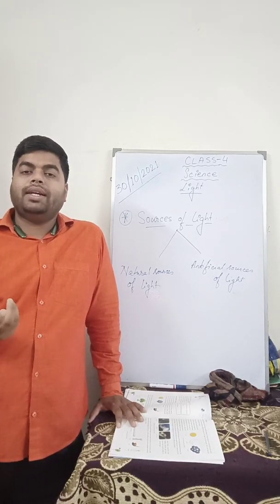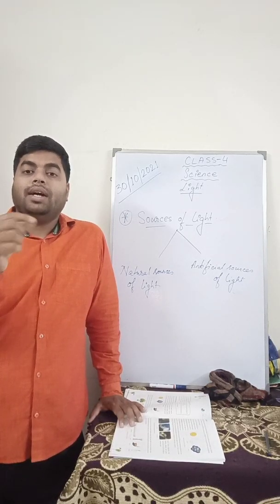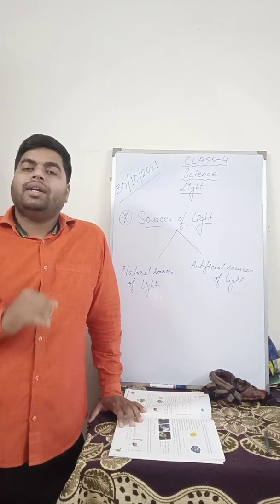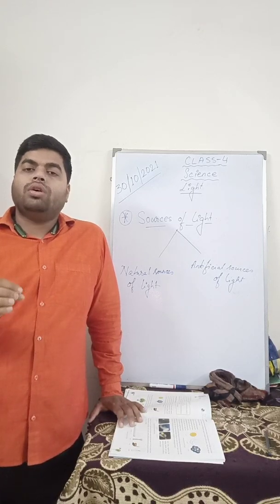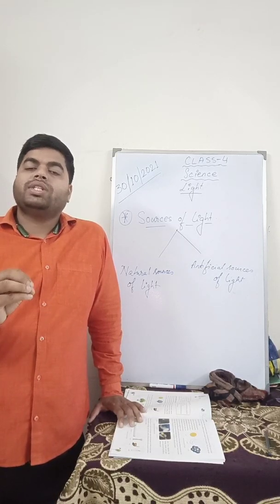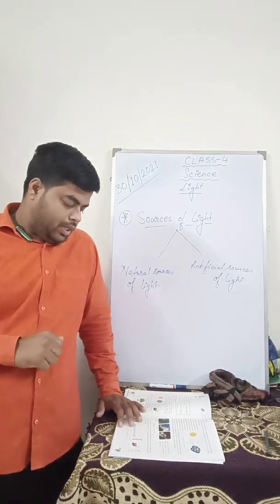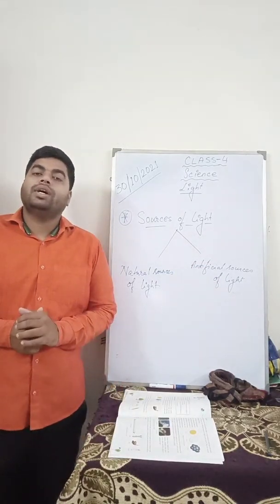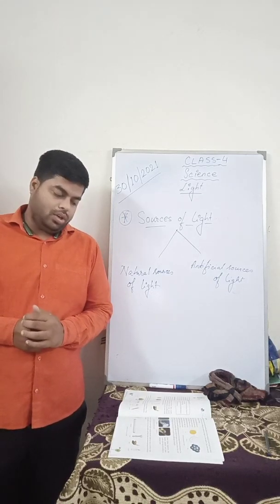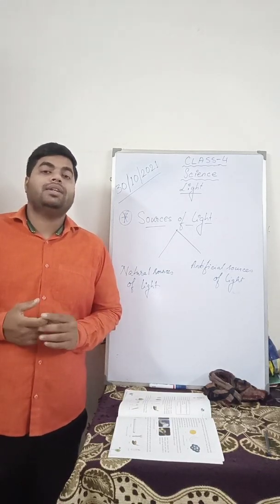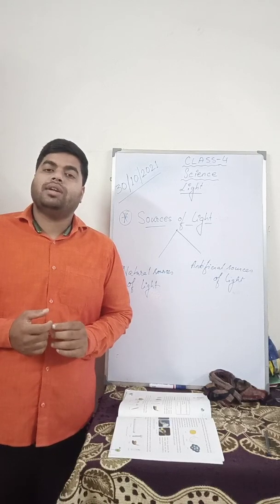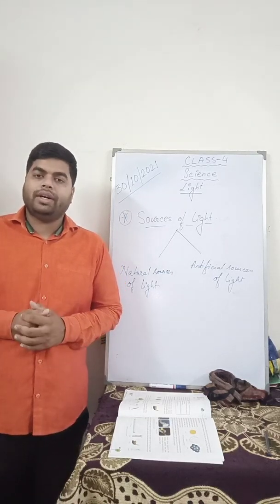You will see them in the night, they have a light at the back of their body and they can fly. I hope you have understood natural sources of light. Living things are also natural because they are not created by human beings.